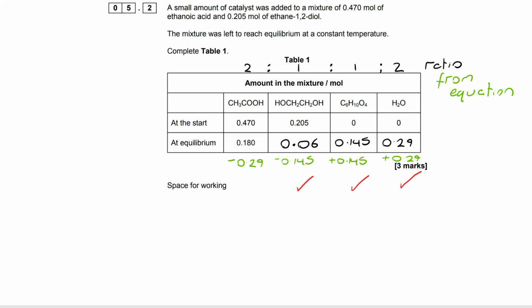I can then compare my ethane 1,2-diol to the C6H10O4, which is a 1 to 1 ratio. And if I've used 0.145 moles of the ethane 1,2-diol, then I've made 0.145 moles of the C6H10O4.